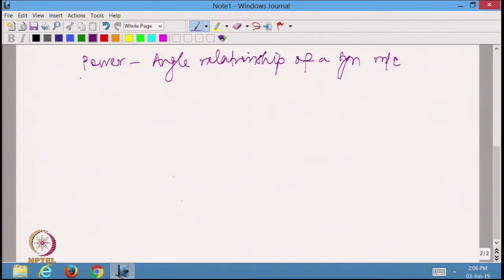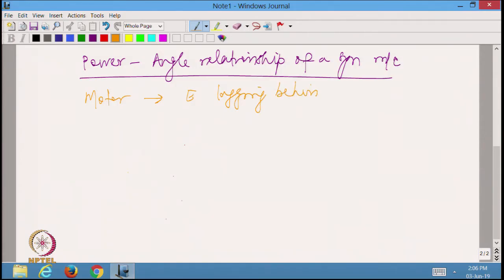I think we already said that if it is a motor, we are going to have invariably E lagging behind V, that is the rotor side flux. Because of that, whatever is the induced EMF E, that is going to lag behind V, which is the applied voltage.